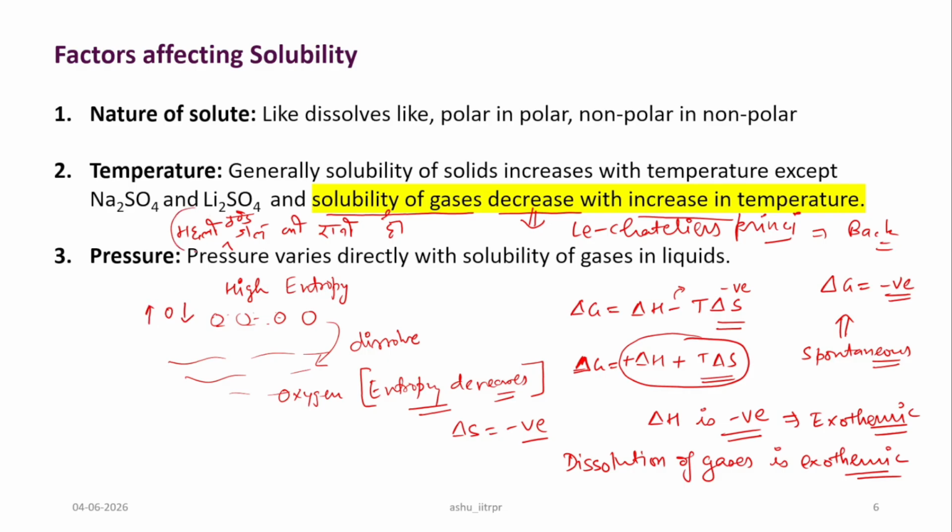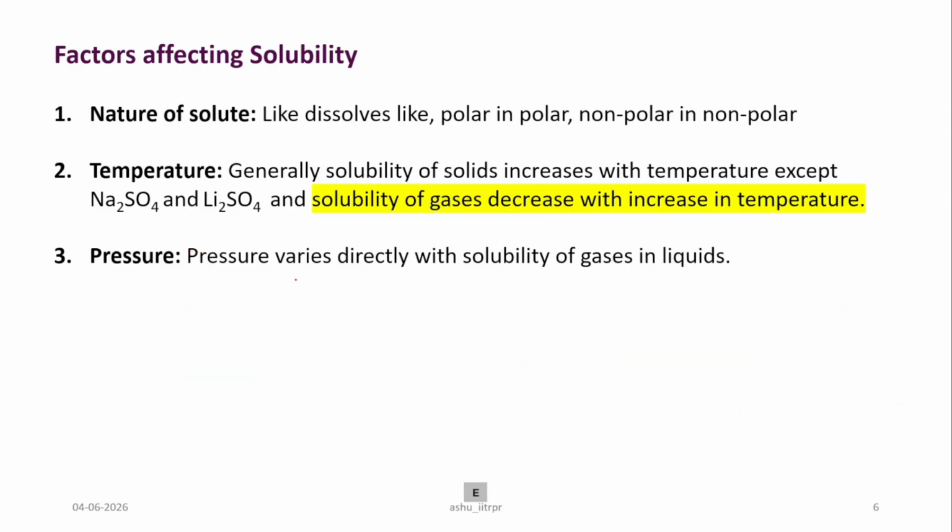So these aquatic animals are not comfortable, they die. That is why the temperature of the water must be low. If it is low, then only solubility of oxygen is high.